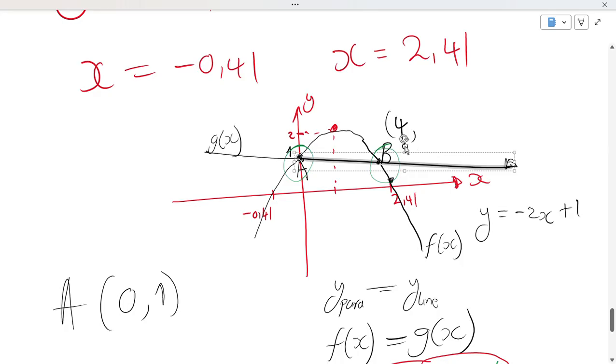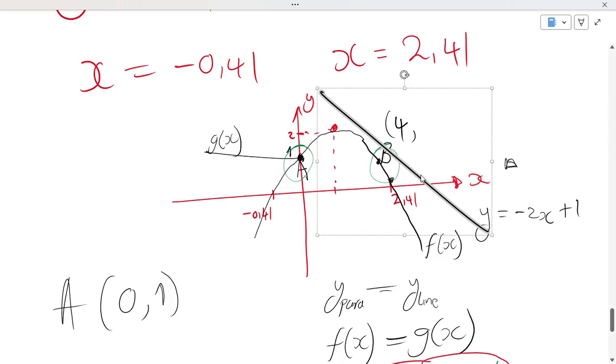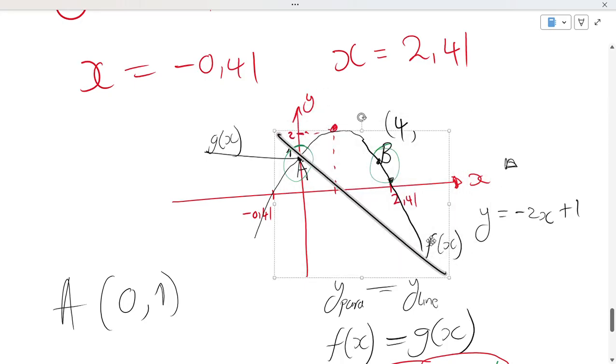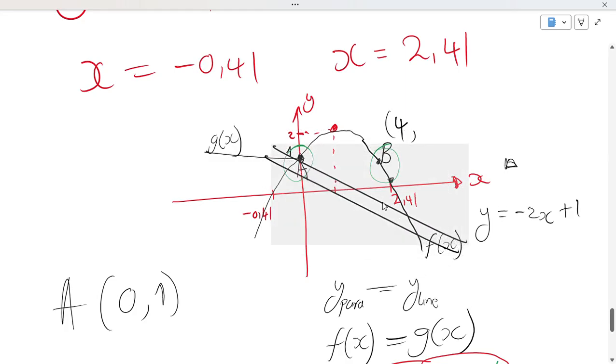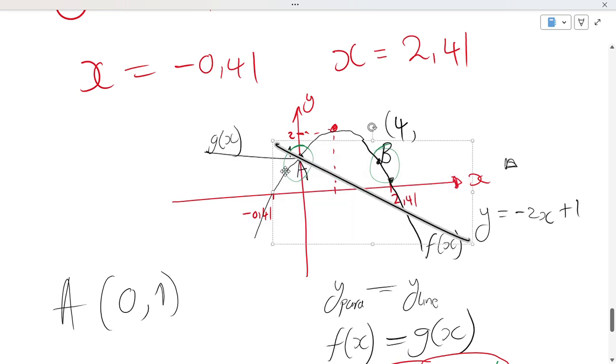The way I drew it, it seems like this. Or let me put it this way, just to make it look better. Can you see now? So that's how it looks.